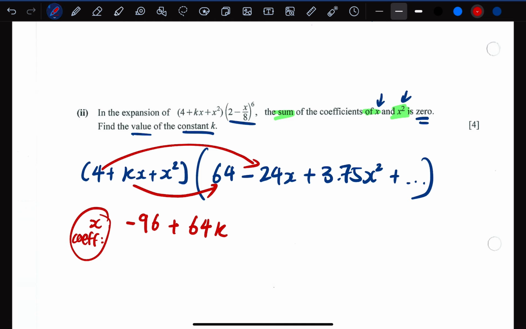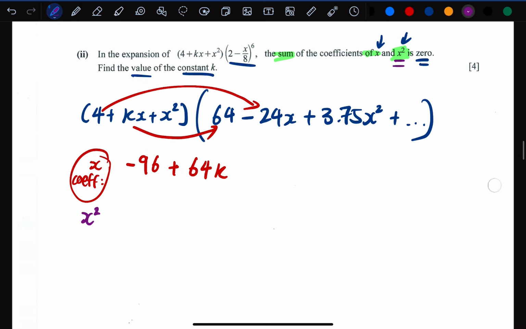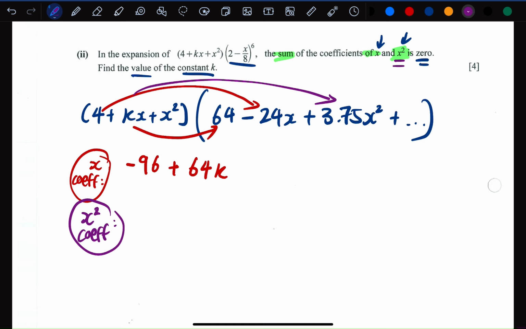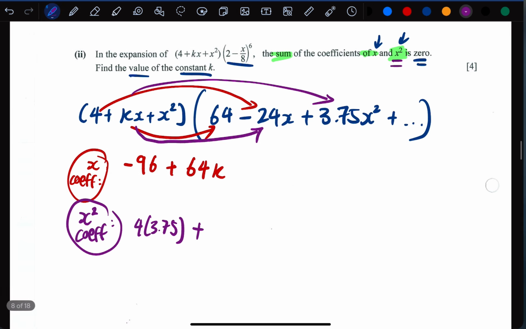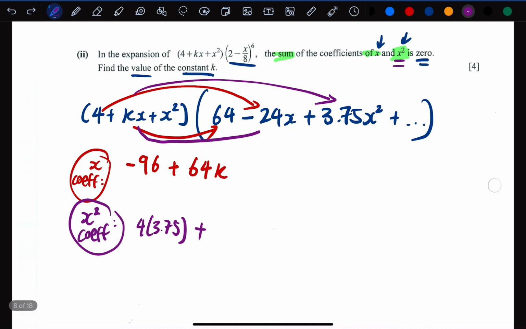Now I need to find my coefficient for x squared. For the coefficient of x squared, all I'm going to write over here is 4 multiplied by 3.75. So 4 times 3.75, I get x squared there as well. And not just that, but I also have kx multiplied by negative 24, so minus 24k.